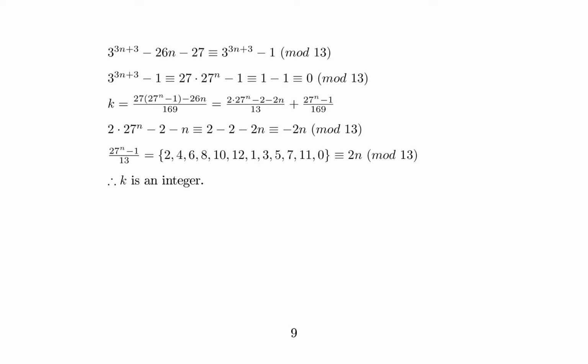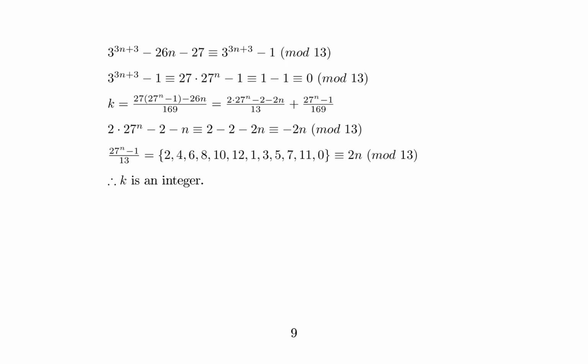Now, in the second fraction, we can divide the divisor by 13 to get 13. Then calculate the mod, which gives us a cyclic group of powers of 27 mod 169, minus 1 over 13, and we can calculate that to be 2n.